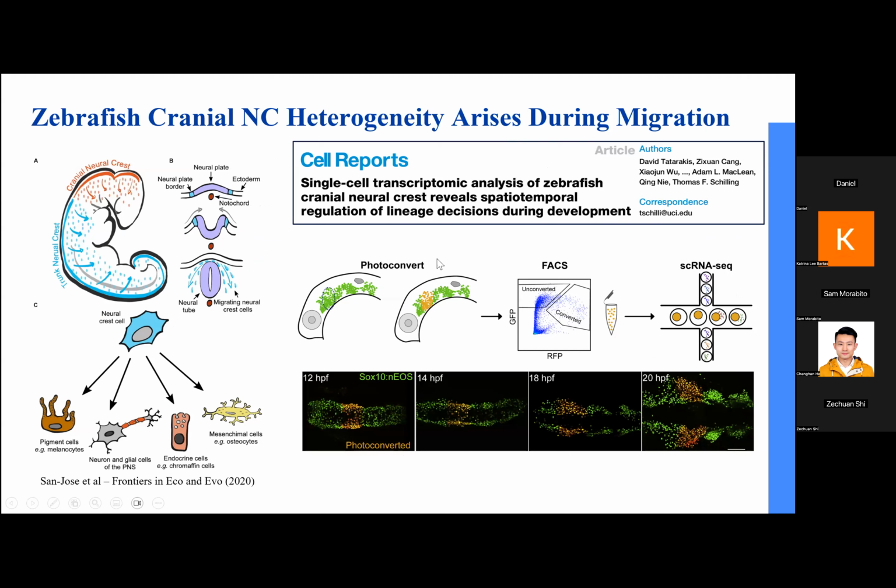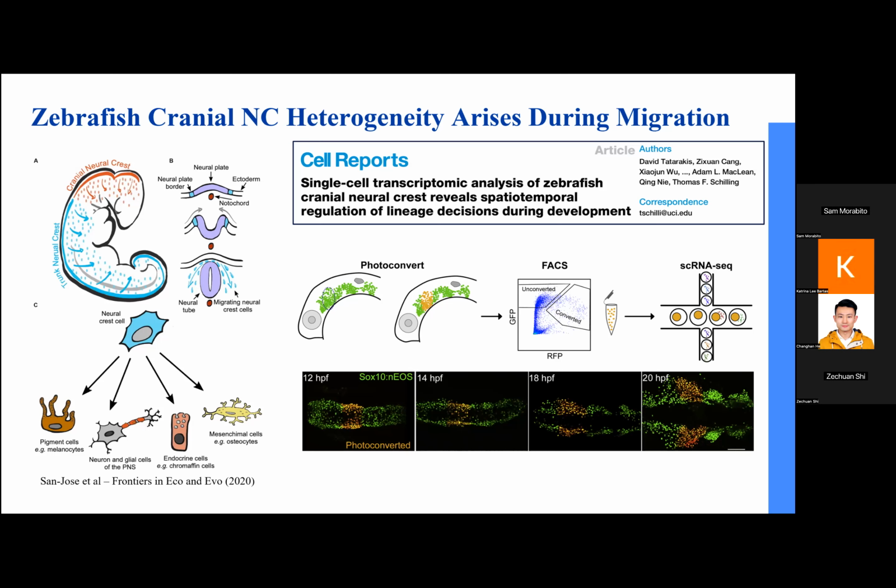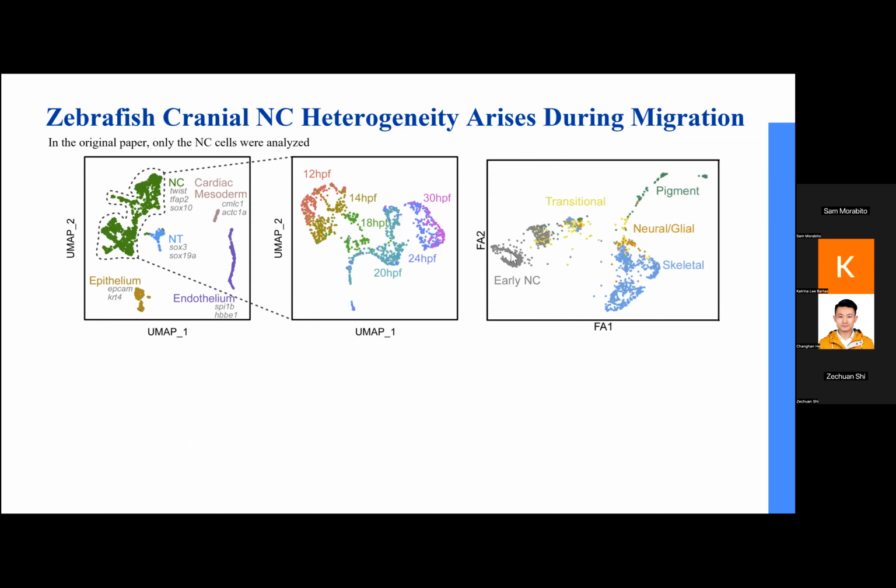I think this paper was published in 2019. What they did is measure neural crest cells at different time points. For example, the middle panel shows there are 6 different time points, and these are the single cell RNA data.